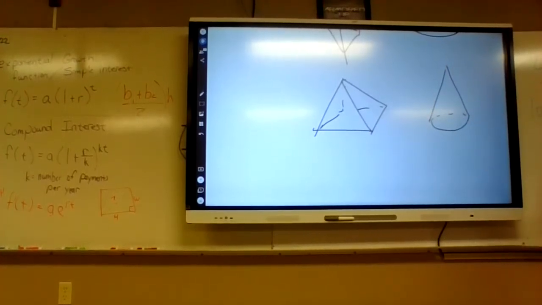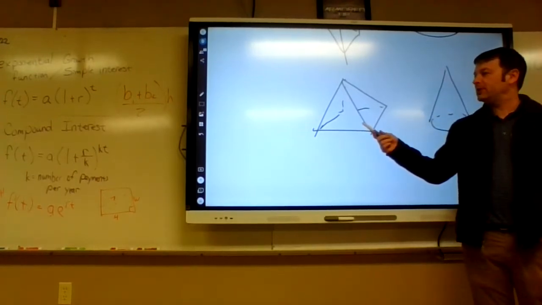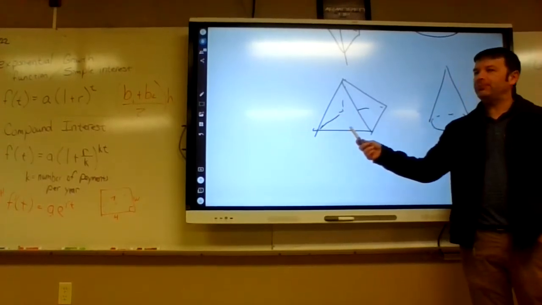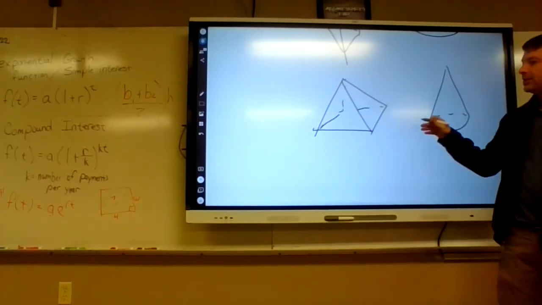So would a pyramid have more or less equal volume to a prism with the same base and same height? Let me say that again.